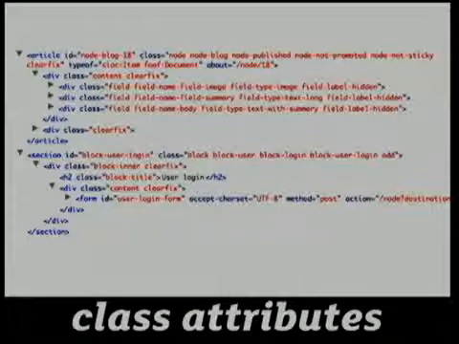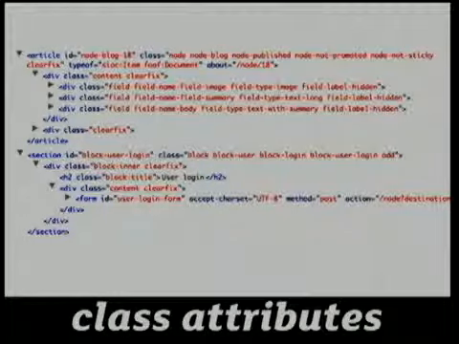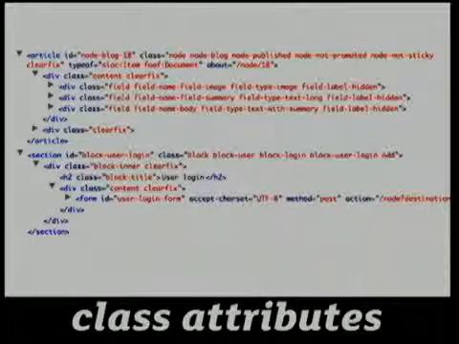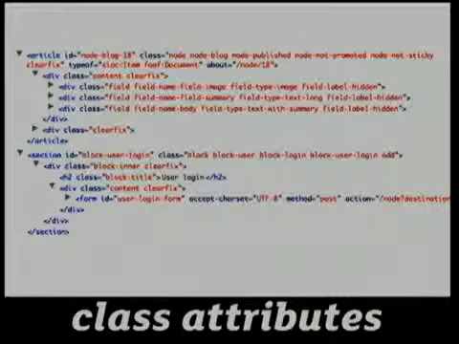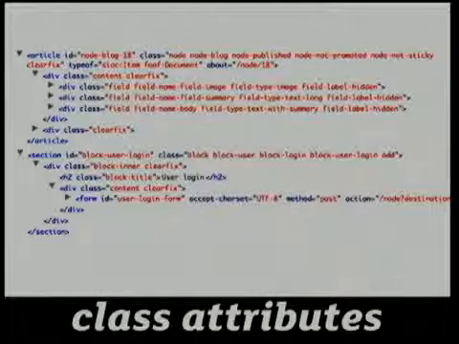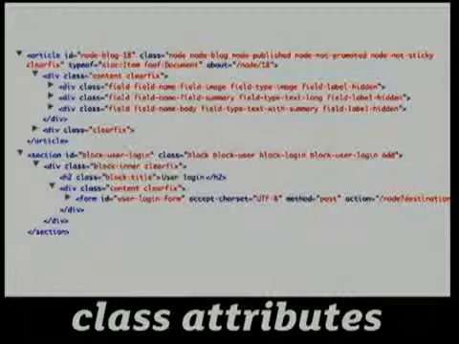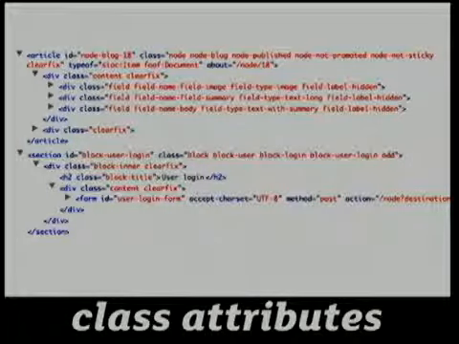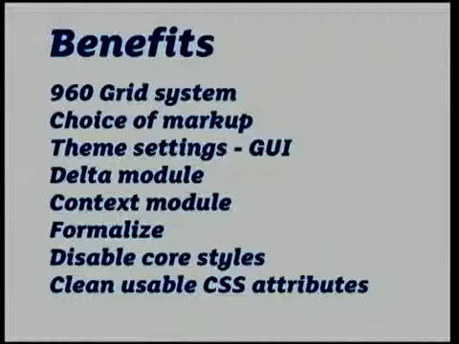The block's also very good, with very nice, clean class attributes for you to use. You can do some really cool theming with that, so that's one of the benefits. So I'm just going to run through some of the benefits. It's up there for you to see.